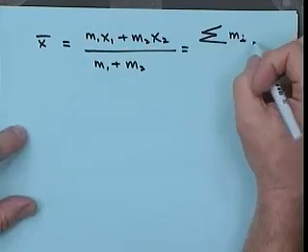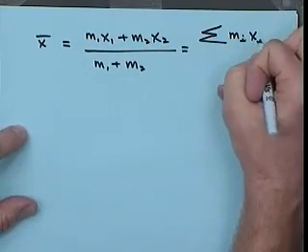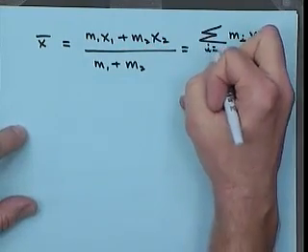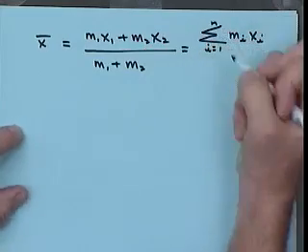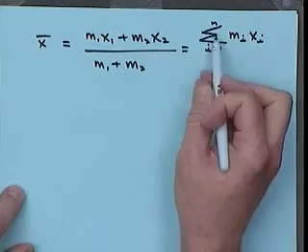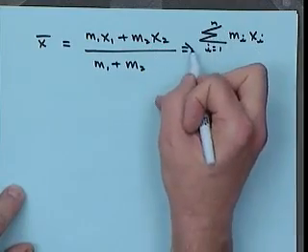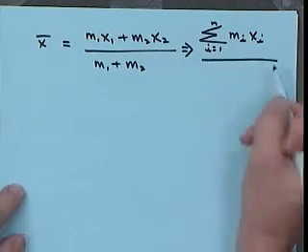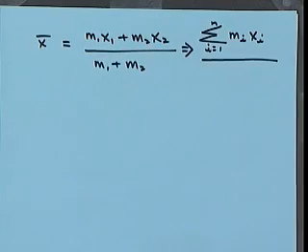M sub i times x sub i from i equals 1 to however many we have in the picture. We've just got 2 here, so it'd be from 1 to 2. But in general, we want to be able to extend that to situations where we have more than 2 masses at more than 2 locations, one-dimensionally.